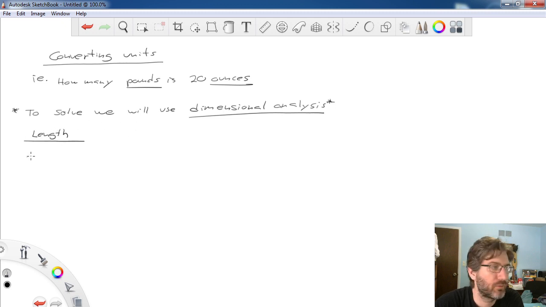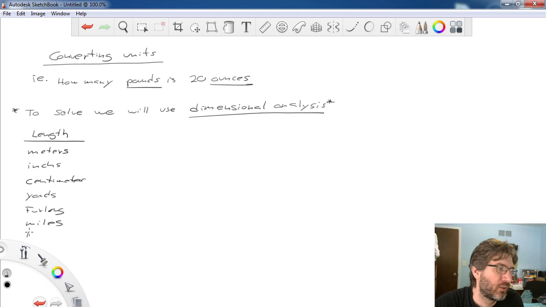In any system, these are like meters, inches, centimeters, yards, furlongs, if you know what a furlong is, miles, nautical miles, because they are different, right?